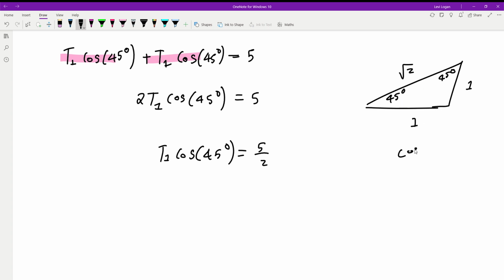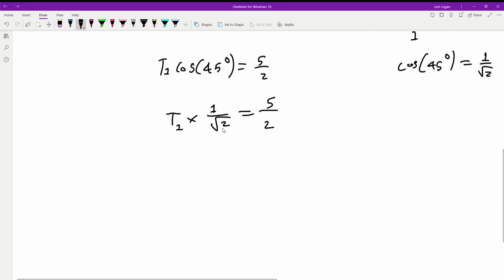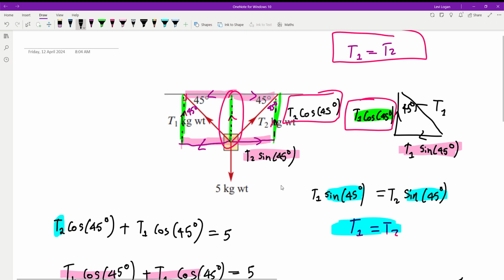So cos of 45 degrees is 1 over root 2. T1 times 1 on root 2 gives you 5 on 2. Then we times both sides by square root of 2, so you get T1 equals 5 root 2 on 2, and this unit is kg weight, because the rest of it is kg weight.